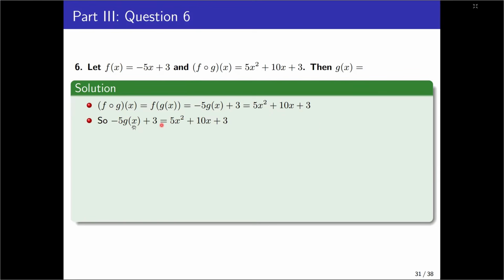Therefore, minus 5 times g of x plus 3 is equal to 5x squared plus 10x plus 3.